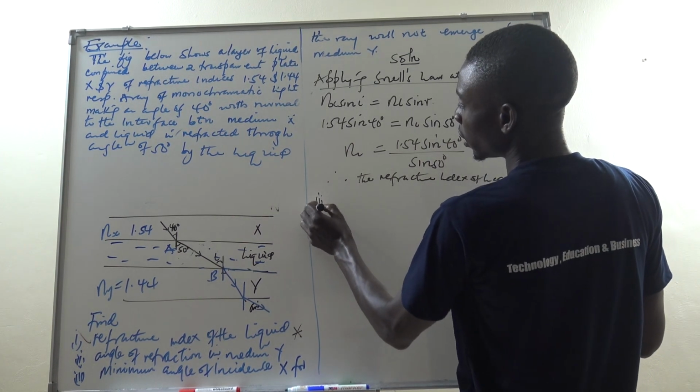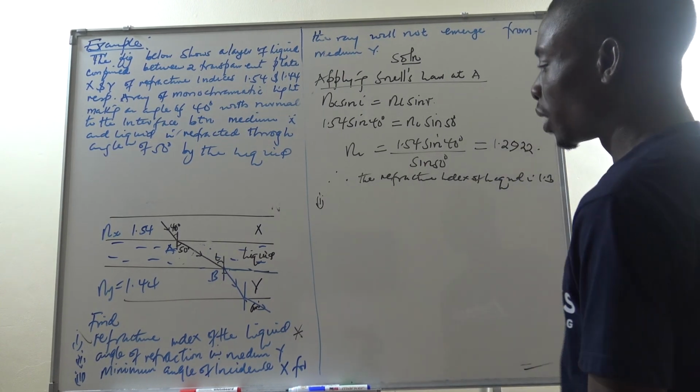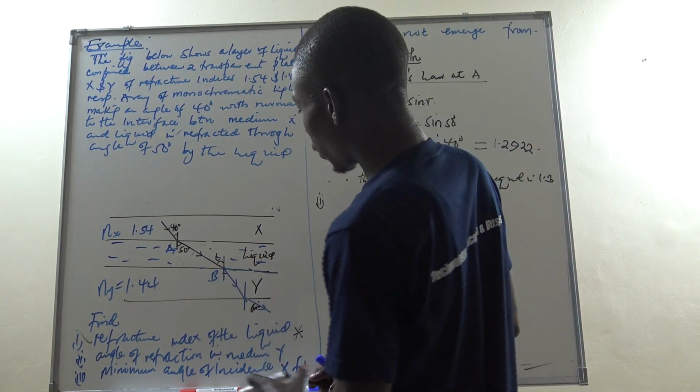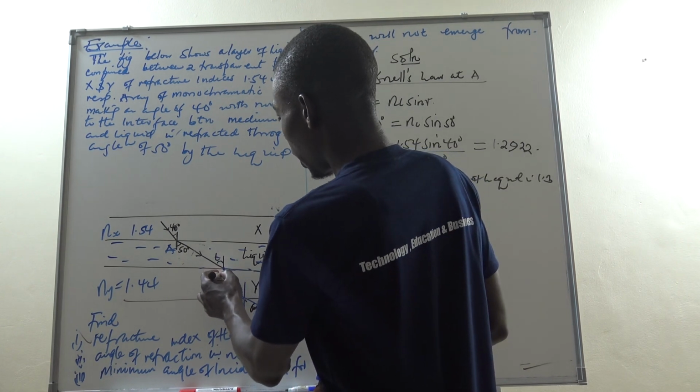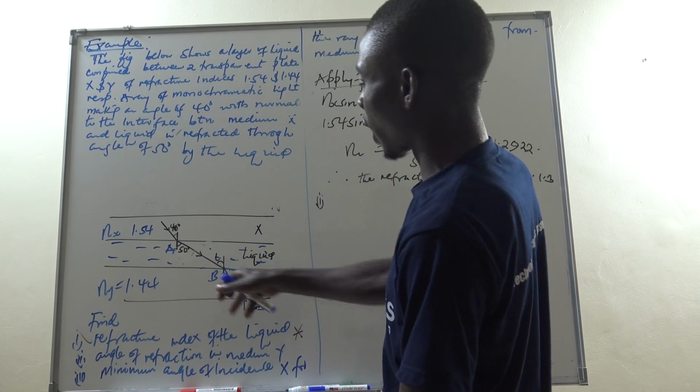And then for Roman 2, they're saying that the angle of refraction in media Y. What is the angle of refraction in media Y? And that is this one. This could be the angle of refraction.